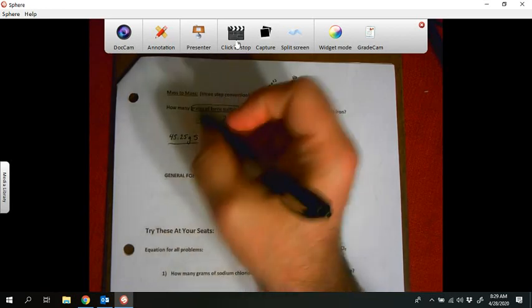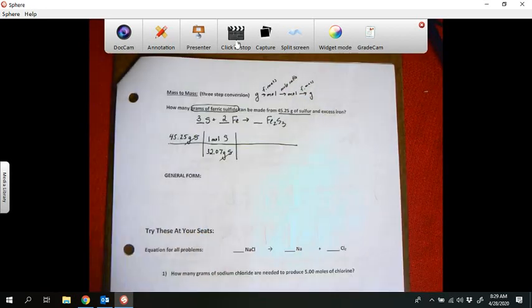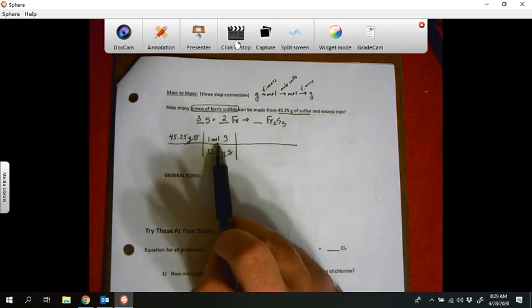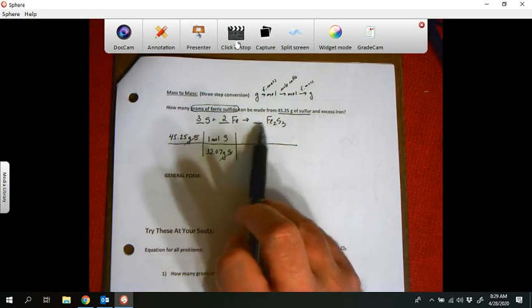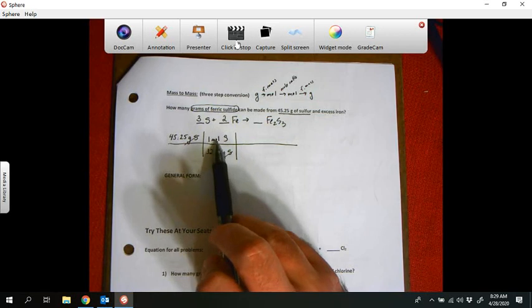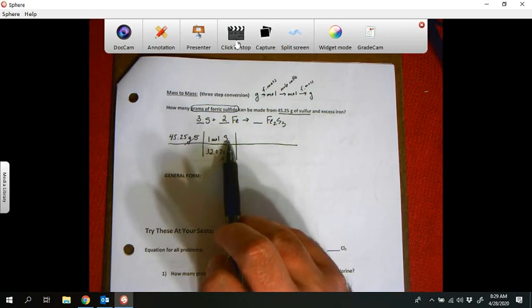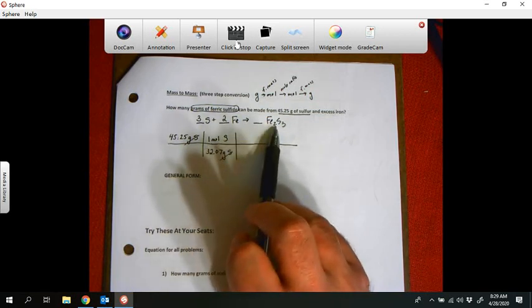Now that we have got rid of grams, now we want to get rid of moles of sulfur because we want to go to ferric sulfide. So in order to go from moles of one thing, we can go to moles of another using the coefficients in our balanced chemical equation. We want to get rid of moles of sulfur and go to moles of ferric sulfide.